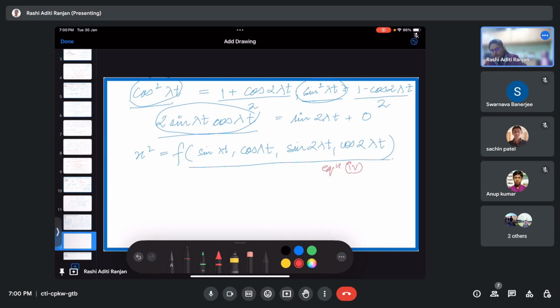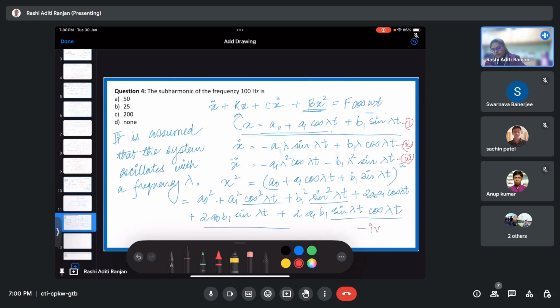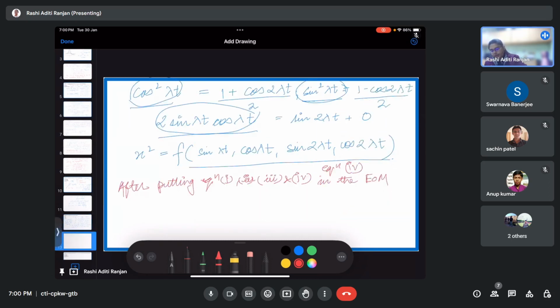I'll write the equation after putting equation 1, 2, 3, and 4 in the equation of motion. EOM I'm using for the equation of motion. Then what would this become? What would the left hand side, LHS, be equal to?